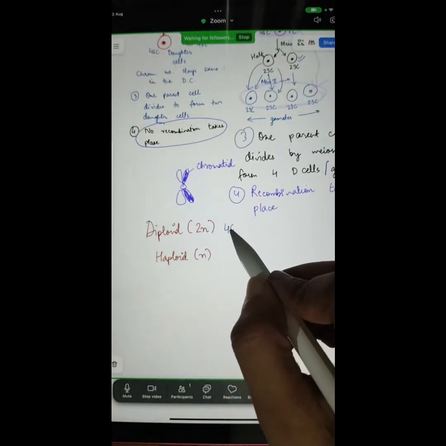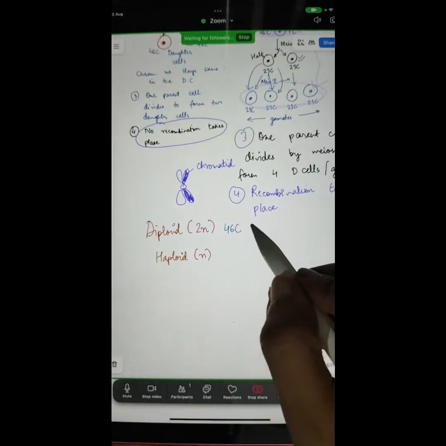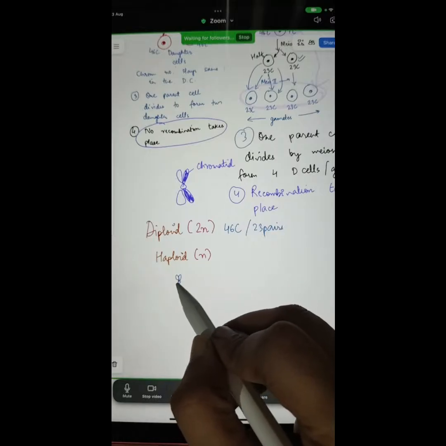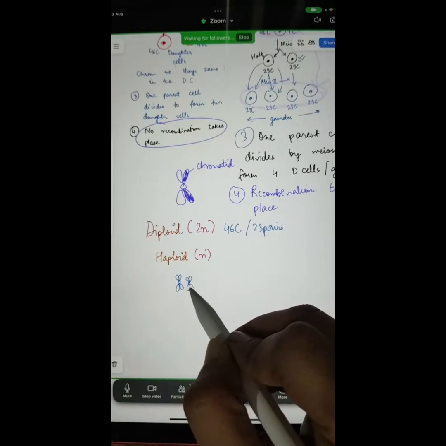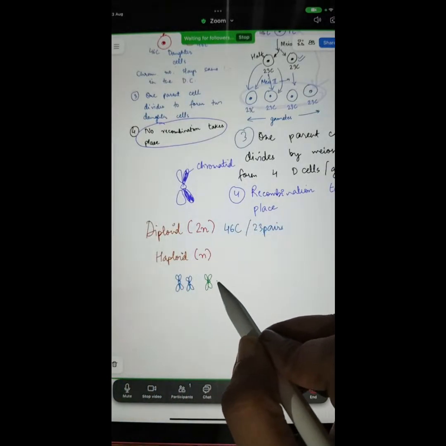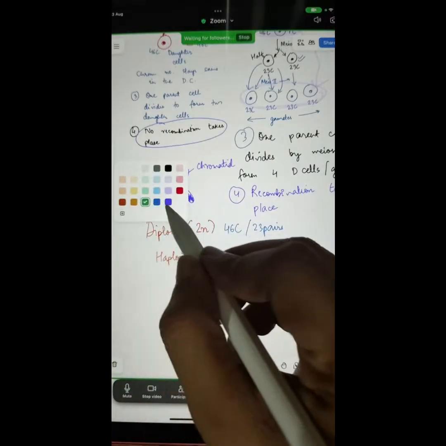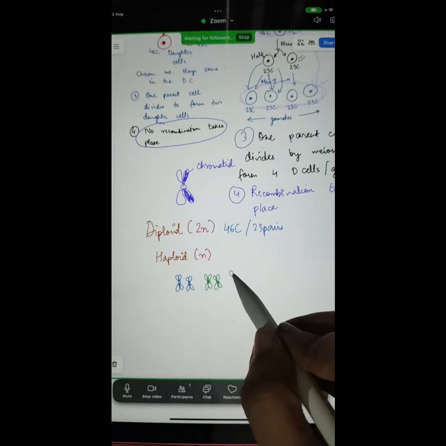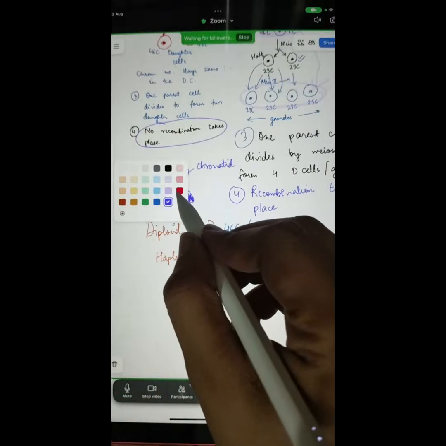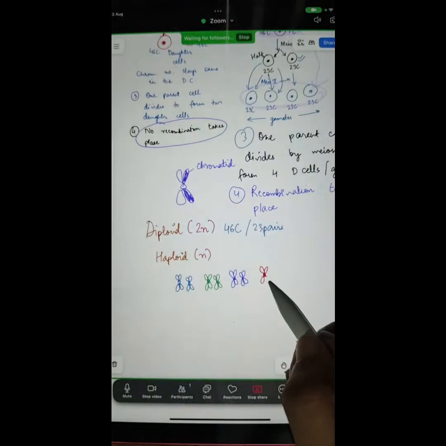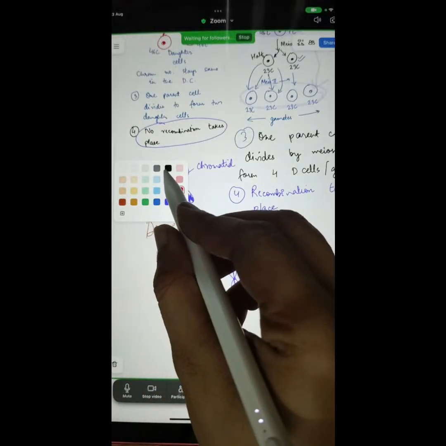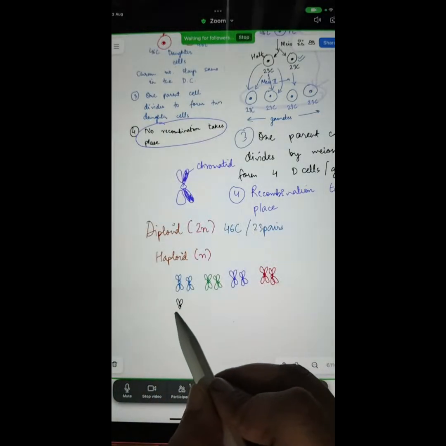As I said, in human beings, each cell has 46 chromosomes, or how many pairs? 23 pairs. So if the chromosomes are arranged in pairs, see, this is one pair, this is another pair. I am using different colors so that you can understand that ma'am is trying to show different types of chromosomes. Notice that they are in pairs, and both the chromosomes of the pair are similar to each other.